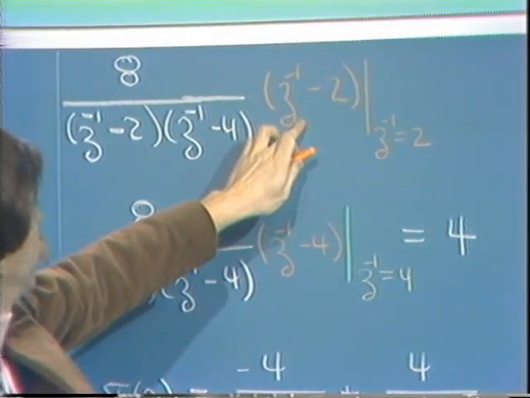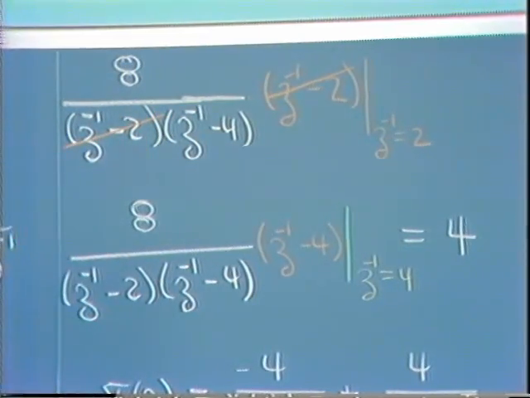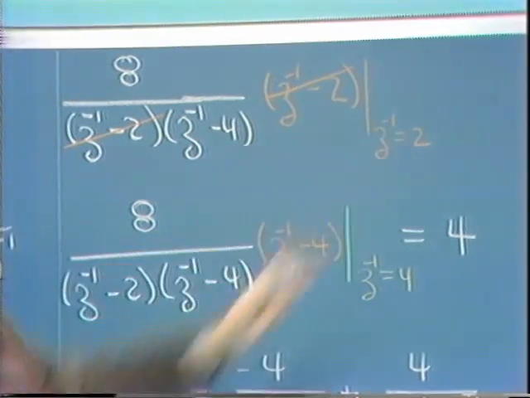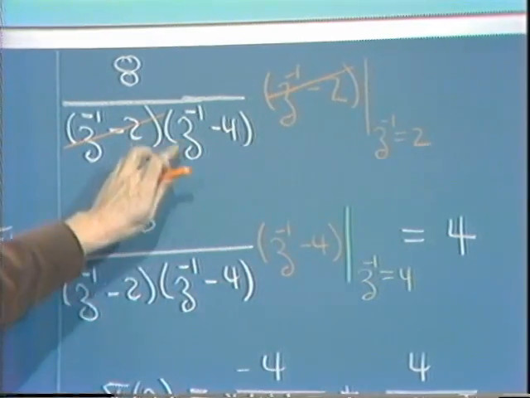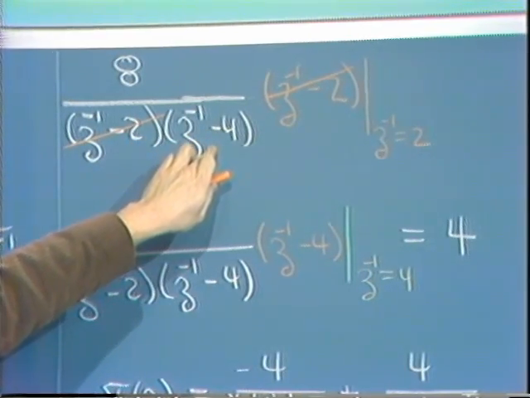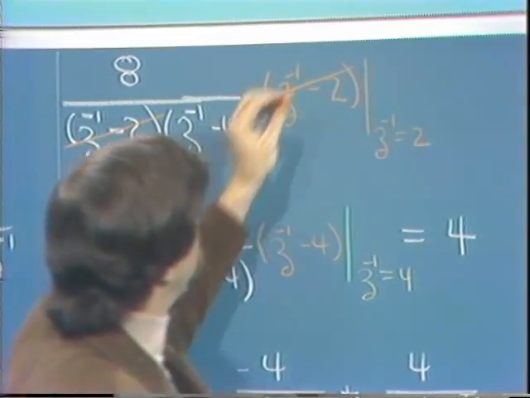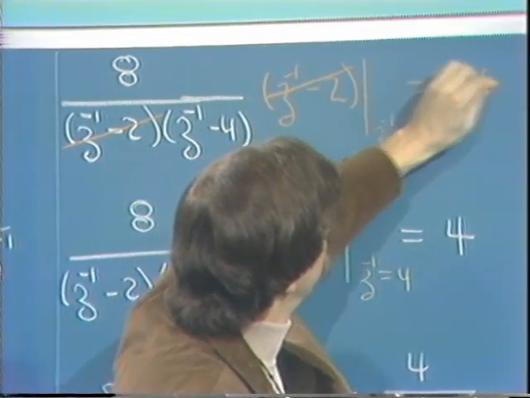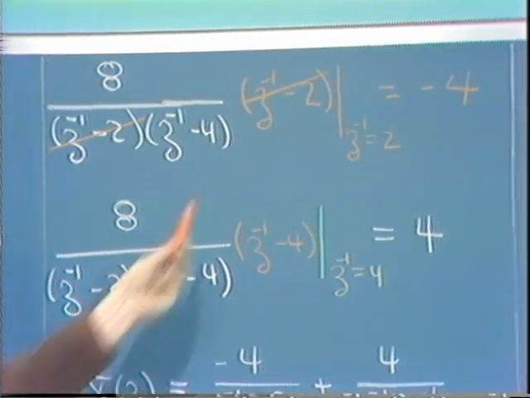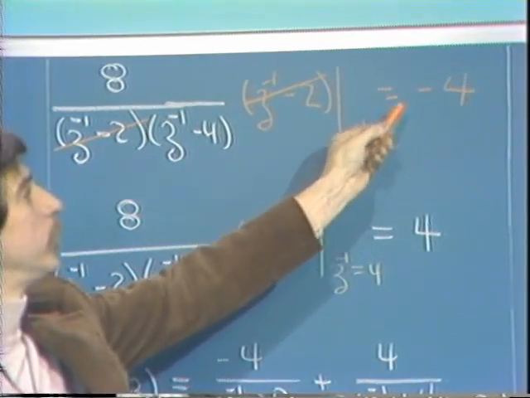Obviously, this term cancels out that term, and we want to do that before we substitute z to the minus 1 equals 2. Then substituting, we get minus 2 left over in the denominator, divided into 8, and that's equal to minus 4. So the residue at z to the minus 1 equals 2 is equal to minus 4.